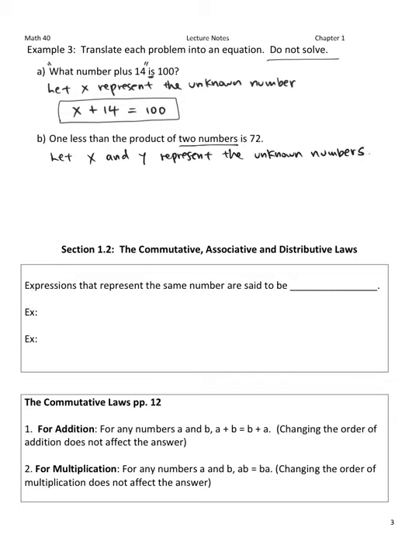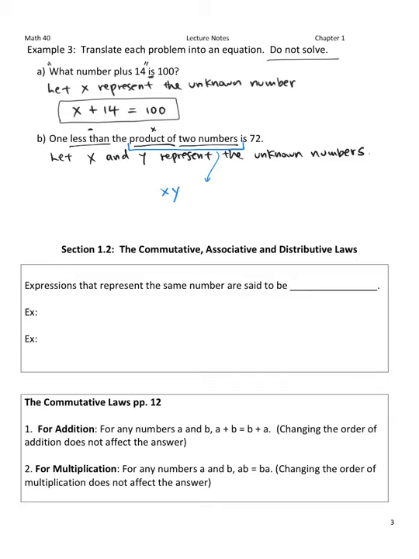Now the operation that corresponds to less than is subtraction, and the operation that corresponds to product of is multiplication. So the product of two numbers is translated to x times y, or simply xy.